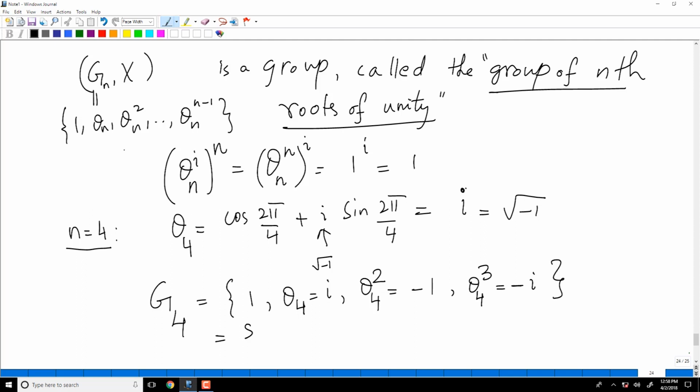So this is simply 1, i, minus 1, minus i. This is the group of fourth roots of unity.